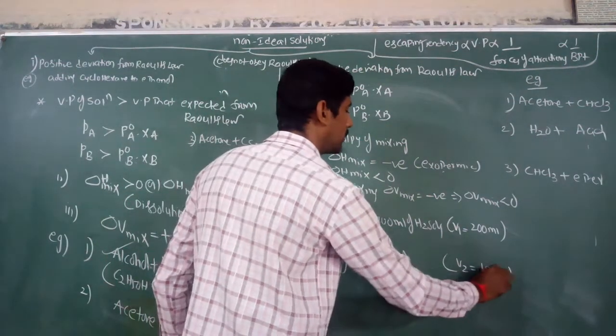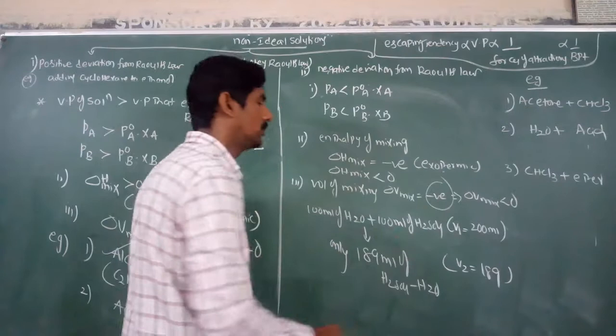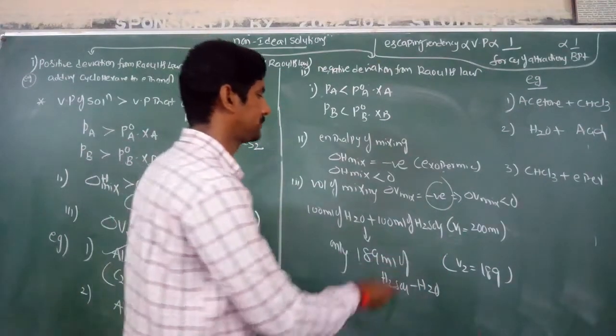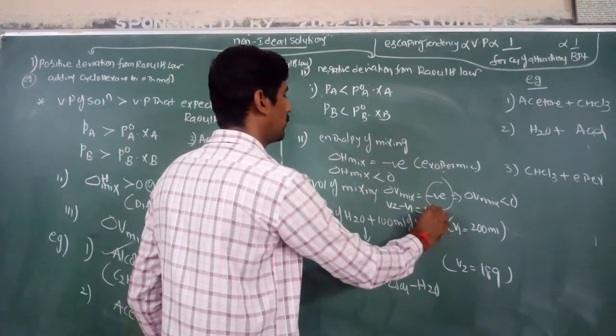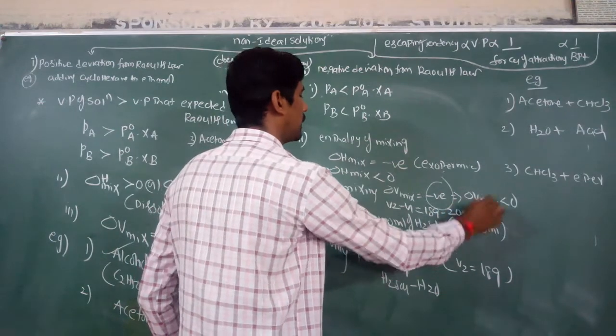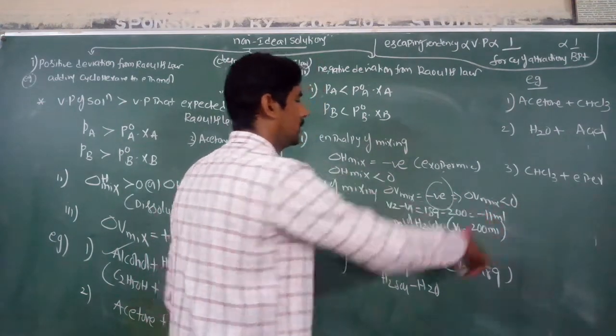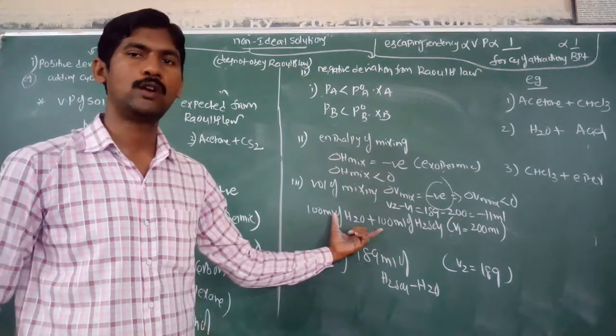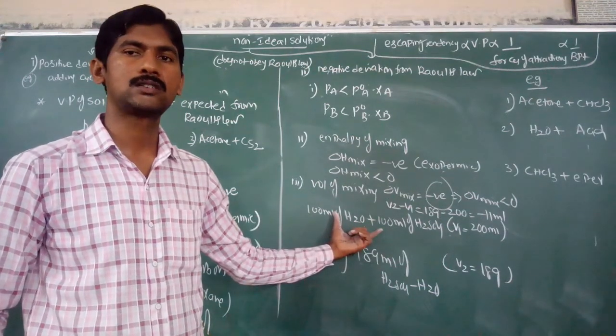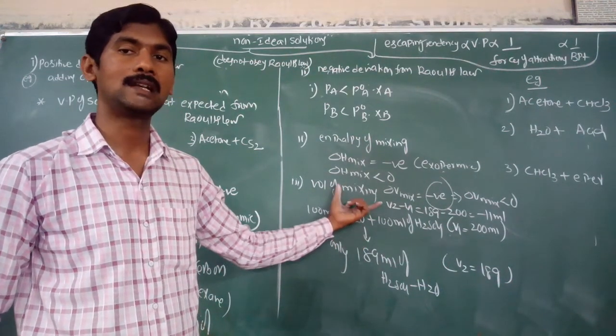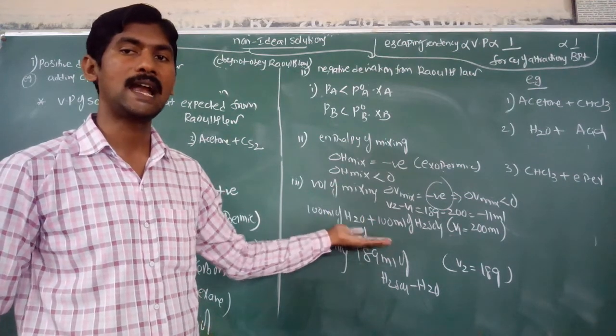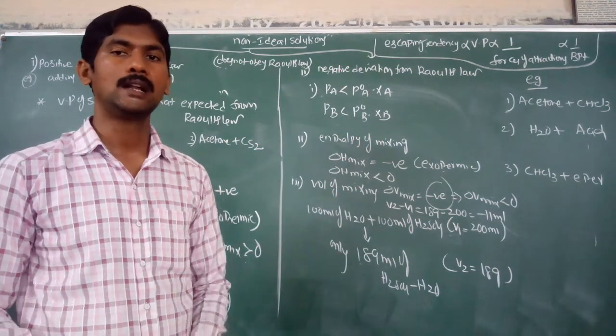V2 is 189. So delta V mixing is negative. V2 minus V1, 189 minus 200, is minus 11. So these types of mixtures can form non-ideal solutions which can show negative deviation. That is, delta V mixing is negative. After adding, the volume of the solution decreases.